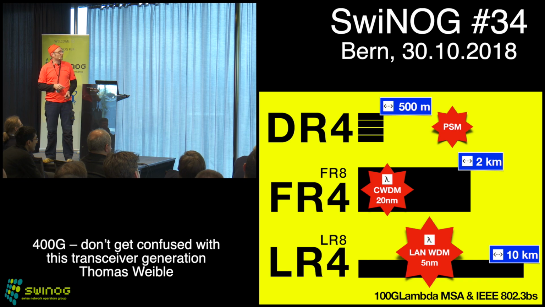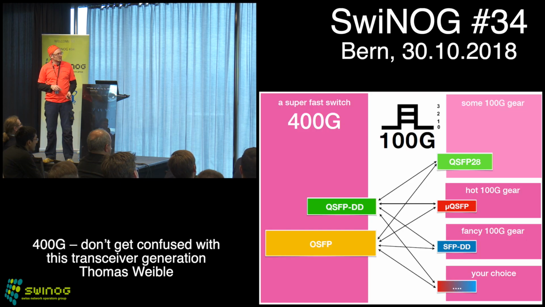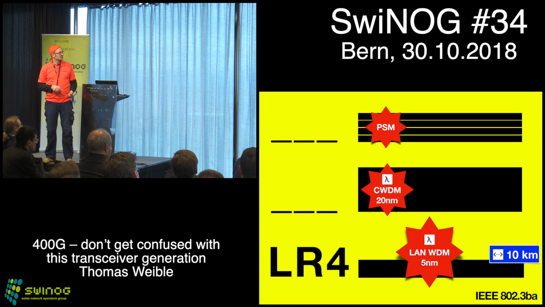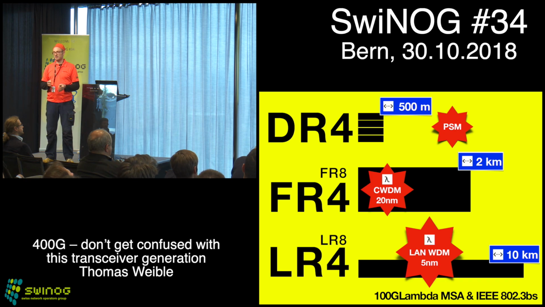And for the data center interconnect and also that breakout scenario I showed here, where we have 4 times 100 gigabit, this IEEE standard DR4 was introduced. That's a pure breakout standard, doing 4 times 100 gigabit up to 500 meters with single wavelengths running at 1310 nanometers.